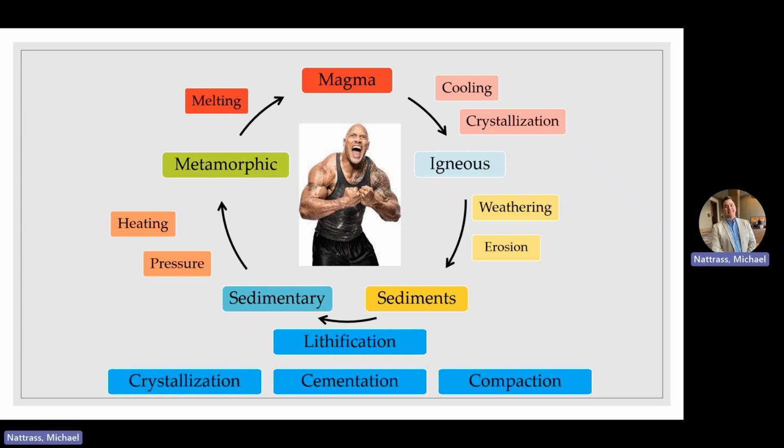And so, kind of the underlying premise of the rock cycle is that it happens in the earth and it can happen outside of the earth. So, I wouldn't expect for a metamorphic rock that was on the earth's surface to melt and then turn back into magma. But if you think about billions of years ago when the earth was forming, these are kind of the basic principles or the basic processes that formed the crust of the earth's surface.